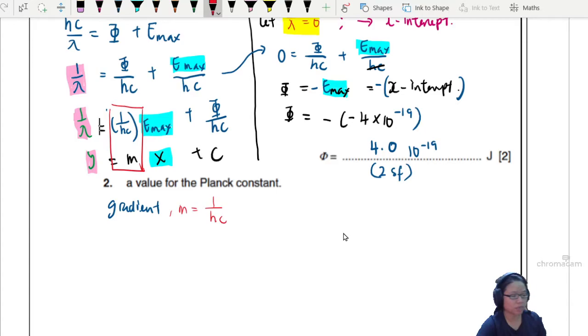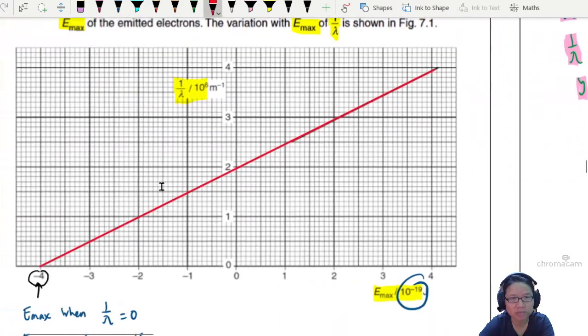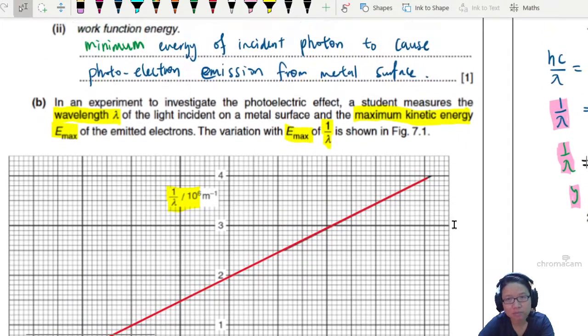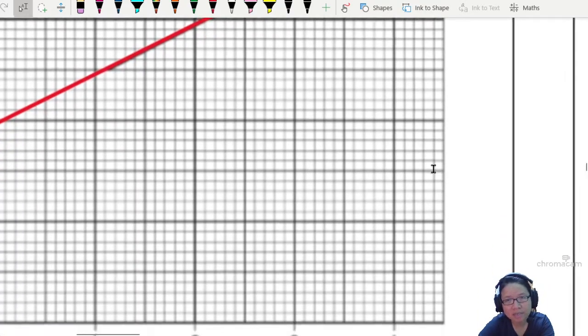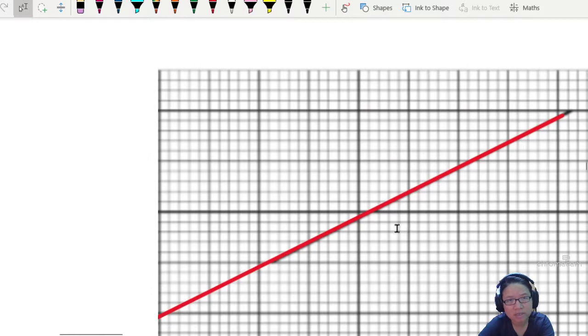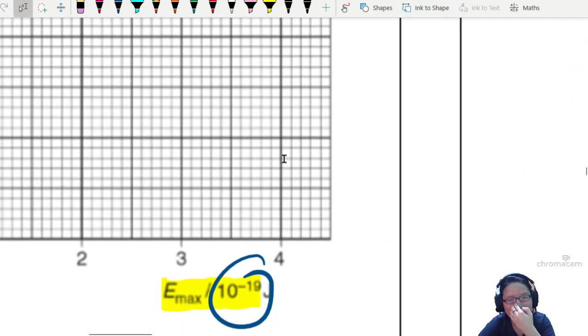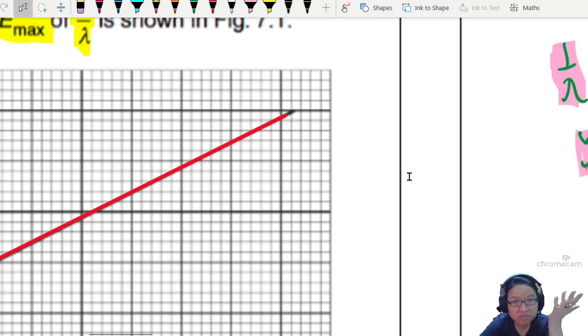So now we got to find the gradient of the line. To find the gradient, I am going to stare at this place and try to find two values. I am going to use this point, -4, 0. And I'm going to use this point here. I think this point is 4.15.